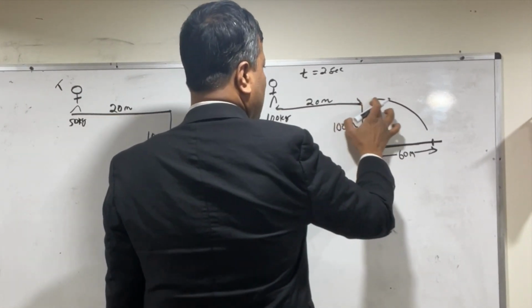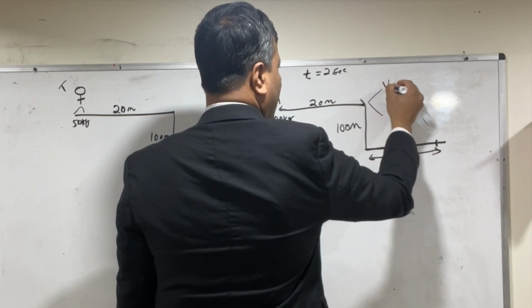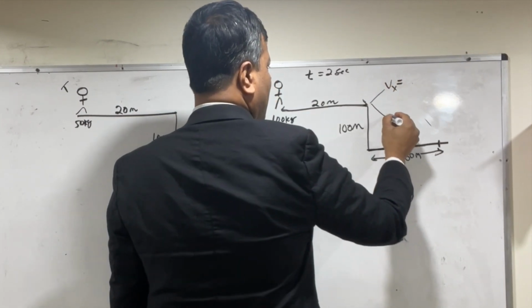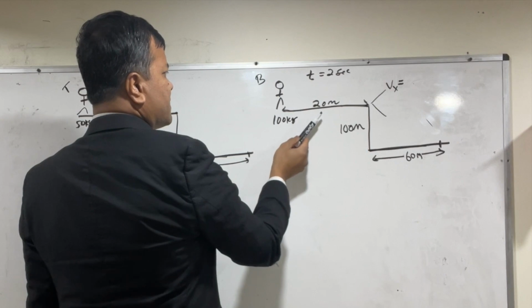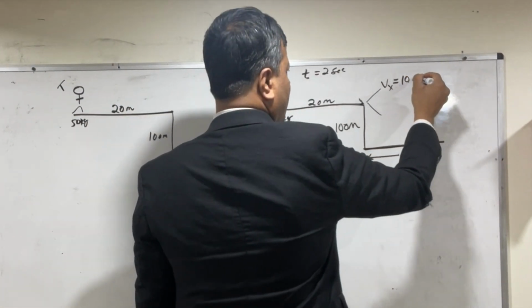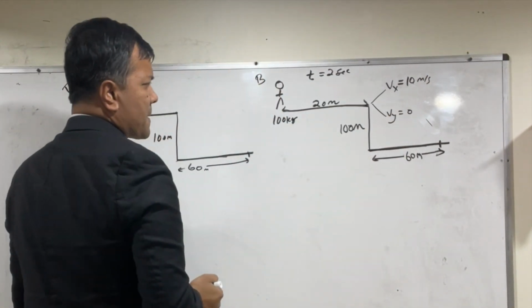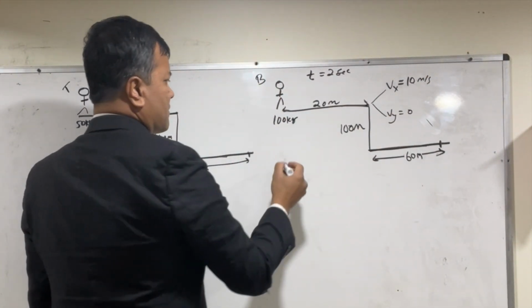So his initial velocity, Vx, we'll find that. Vx is very easy to find. 20 divided by 2 is 10. And Vy is 0. Now let's find the time.